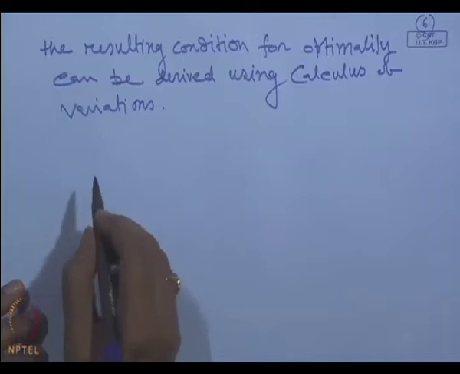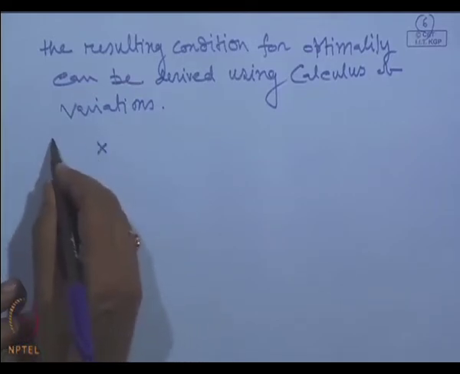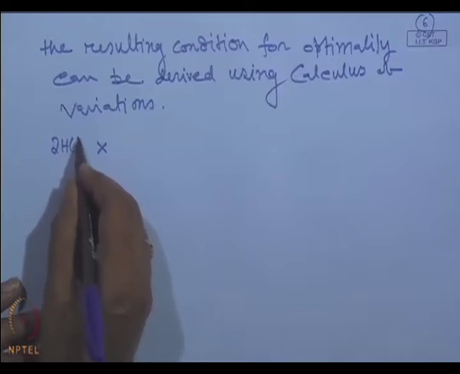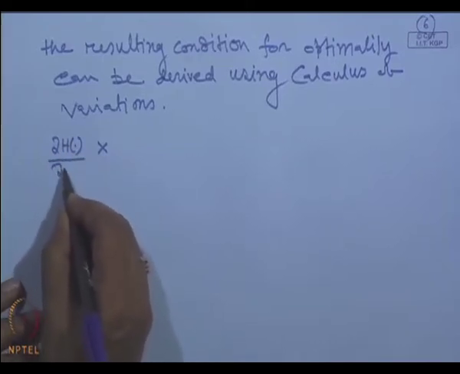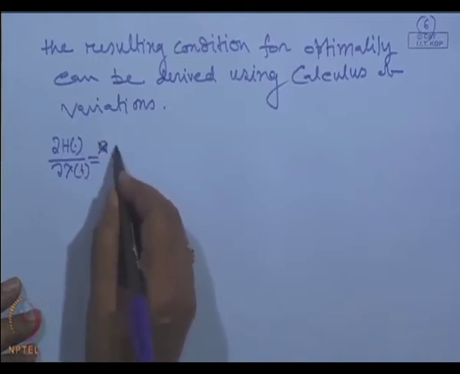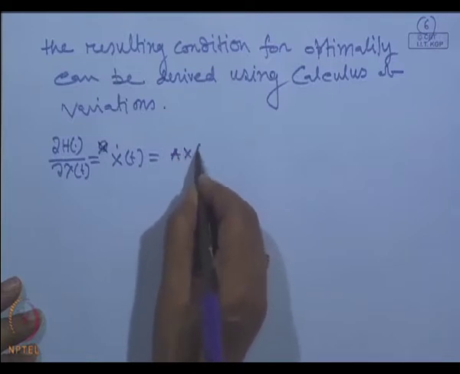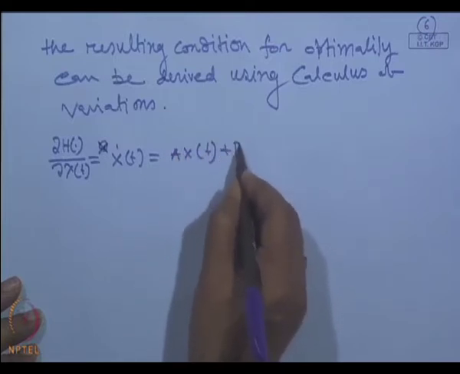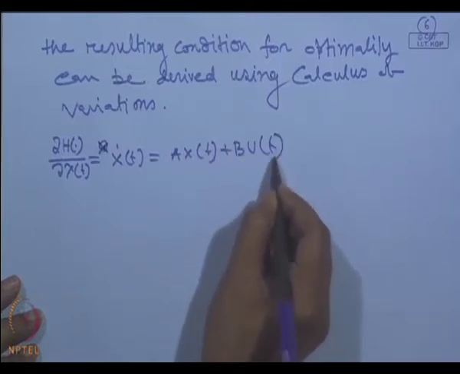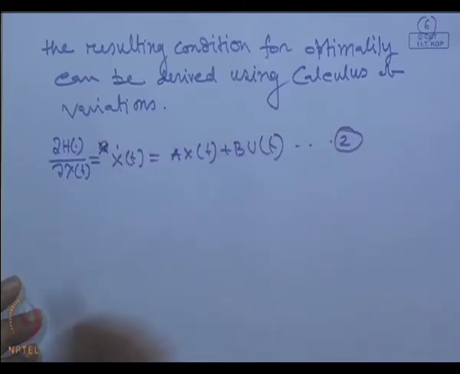So, x dot is equal to del H del lambda of t, which is nothing but our state equation, A x(t) plus B u(t), that we have derived earlier. Let us call this equation number 2.